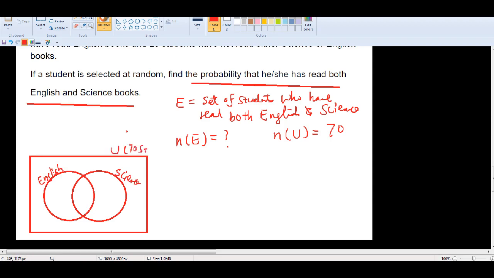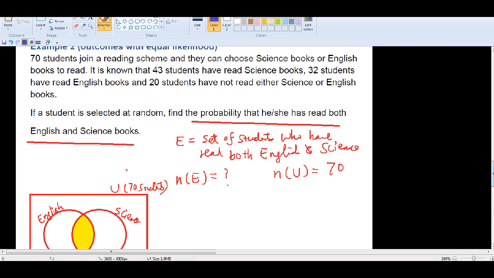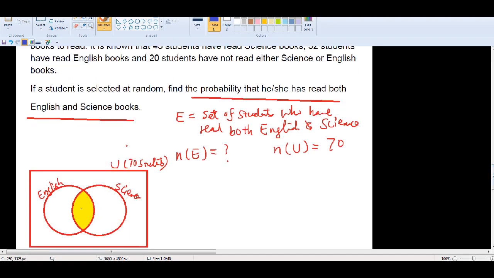We've got 70 students. Still remember the key to do this. The first part you need to find out is the intersection part, right? If we don't have the number, just set it as X.